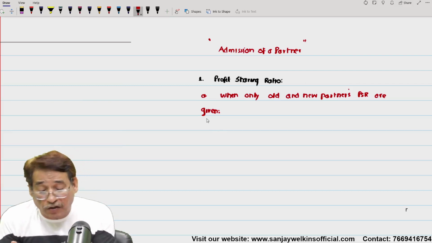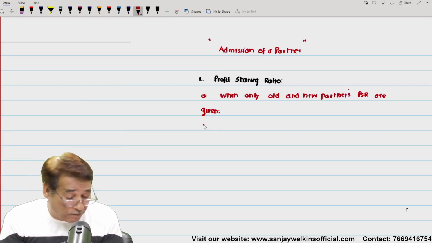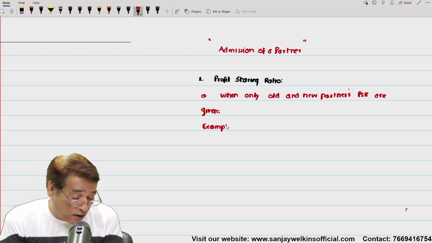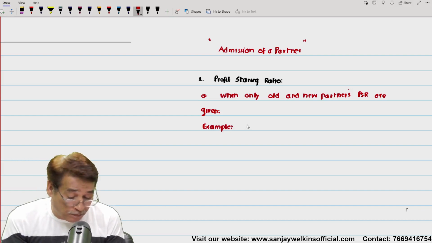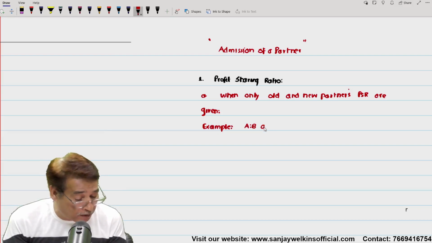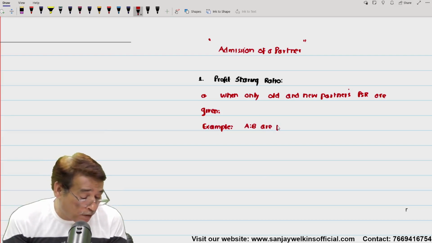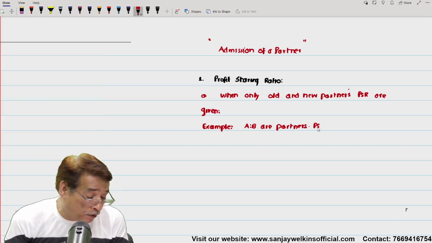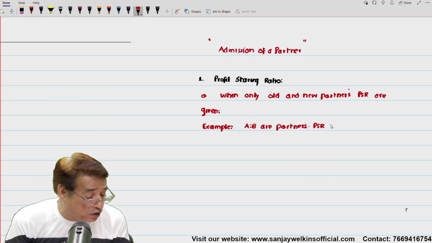We take up one example to begin. Let us say in a particular partnership firm, there are two partners, A and B. We further presume that their profit sharing ratio presently is 3:2.